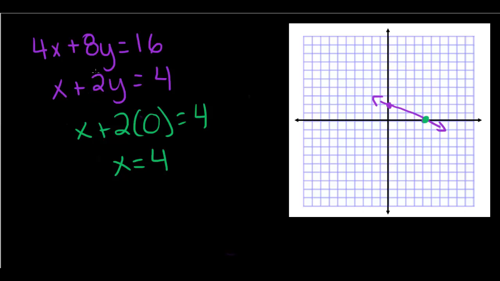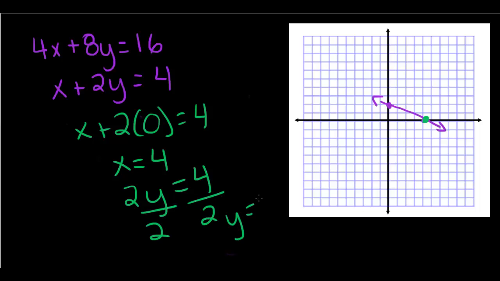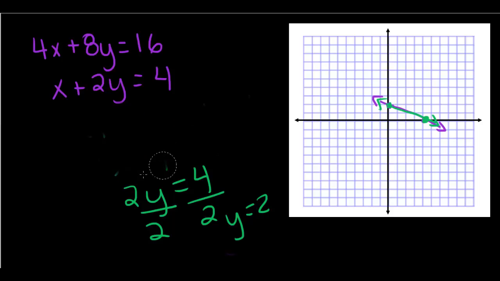Now I'm going to go ahead and find the y-intercept. So I'm going to make x equals 0. So it's going to be 2y equals 4. We divide by 2. So y equals 2. And what do you know? It's the same line. So if it is the same line, then that means that I have infinitely many solutions.